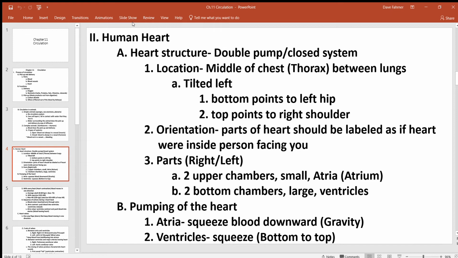As a matter of fact, in normal circumstances, most of the blood goes from the atria down into the ventricle by way of gravity. The last bit of blood is squirted down into the ventricle by the finished contraction of the atrium. Now, the ventricles, on the other hand, are going to basically contract from bottom to top, squeezing the blood upward and toward the blood vessels that leave the heart.